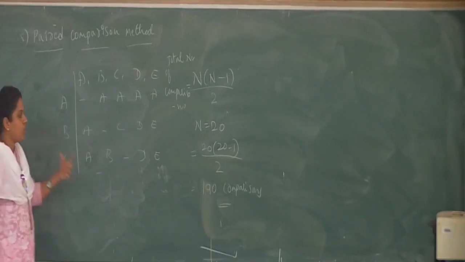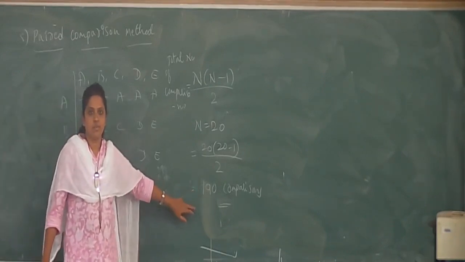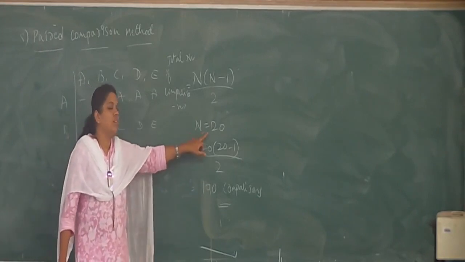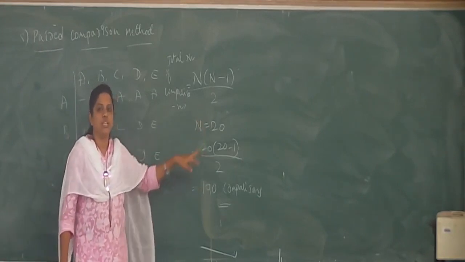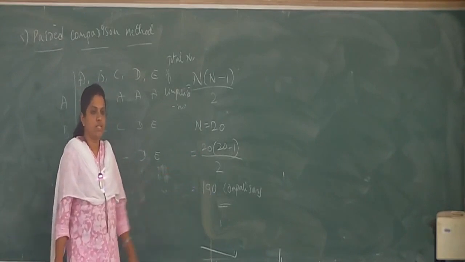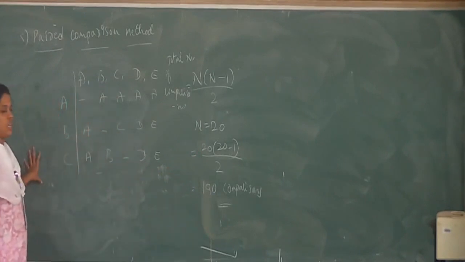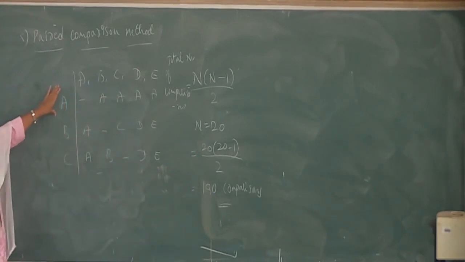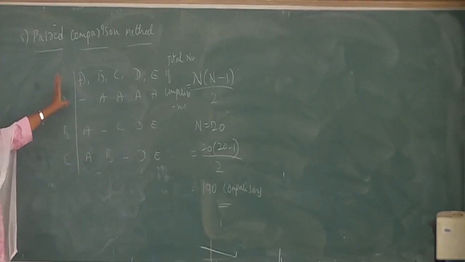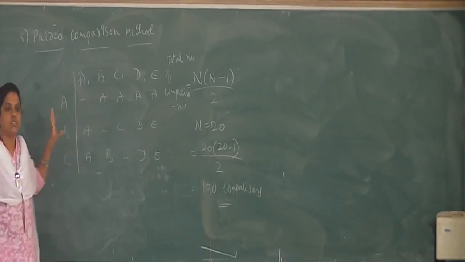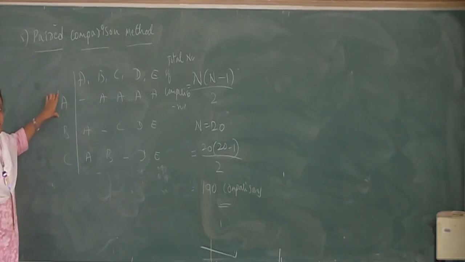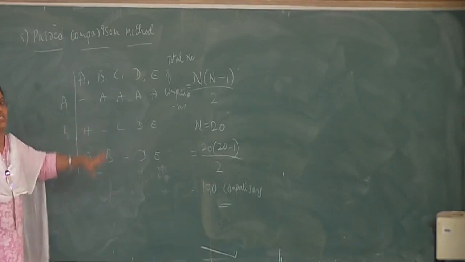He has to do 190 comparisons. Okay. Imagine what if the number of employees go on increasing. Okay. It becomes more cumbersome, but it will give the clear picture about one particular employee with respect to various job performances. Okay. How good he is or how poor he is in his performance with respect to various job expectations.